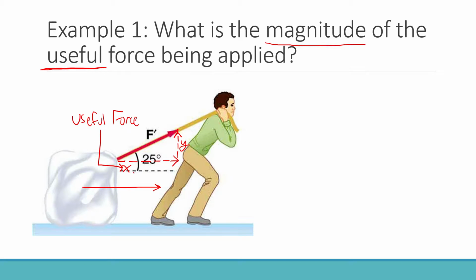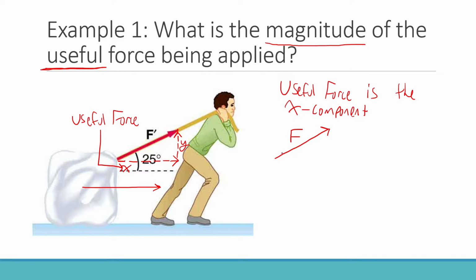Anyway, if the useful force is the x part, then we can say that the useful force is the x component, and we just have to calculate what the x component is. I'll redraw my triangle. There's the force, and then the x component, here's 25 degrees. There's the x component, there's the y component. To find the x component, well, this is just a right triangle.